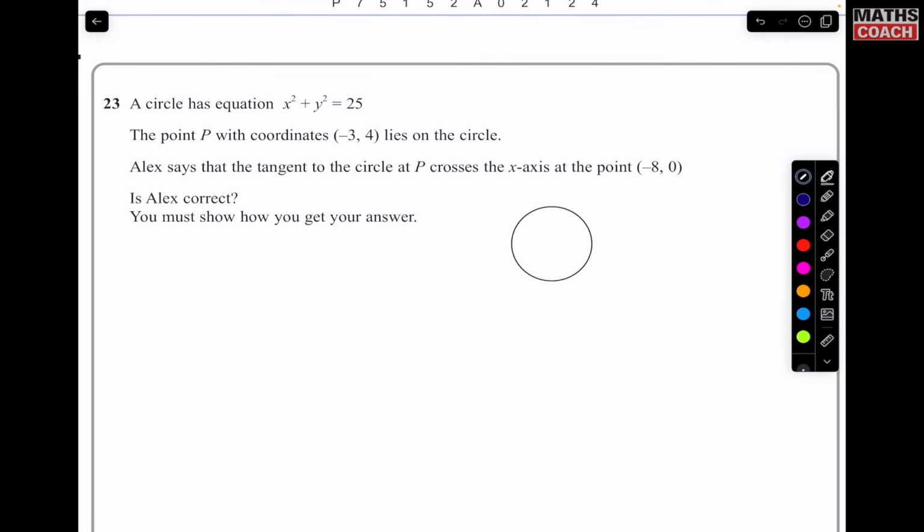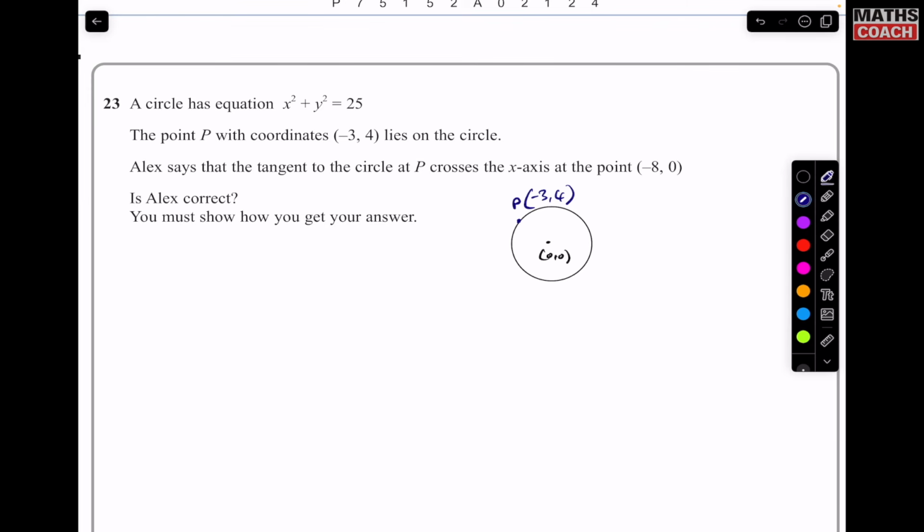So if this is your circle, 0, 0 is your center. For GCSE, you don't need to worry about the radius. Then it says the point P with the coordinates minus 3, 4 lies on the circle. So let's just estimate where that could be, somewhere here. This is our point P with minus 3 and 4.